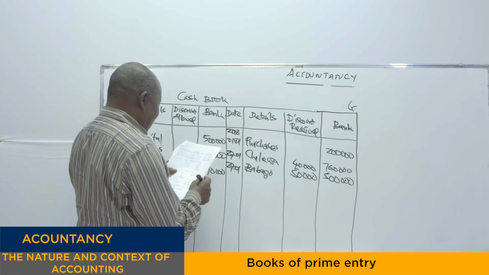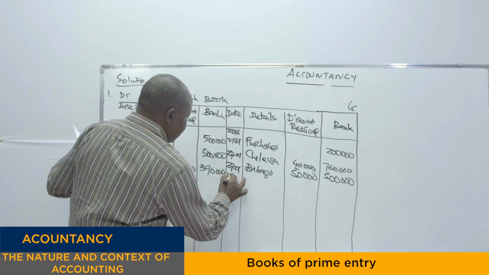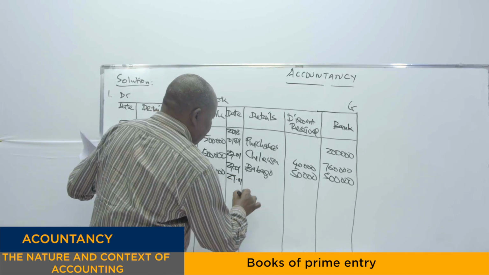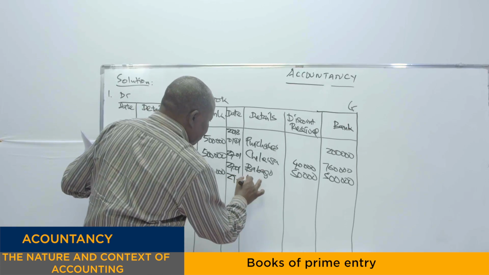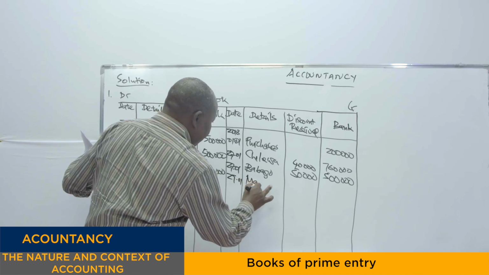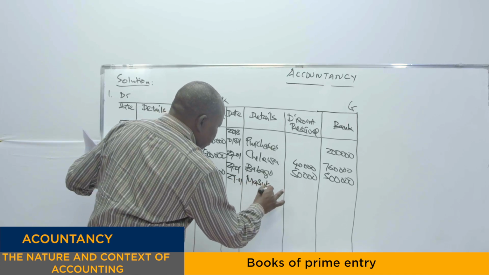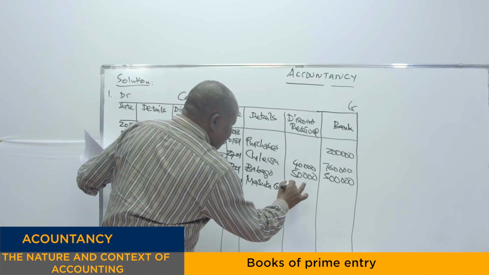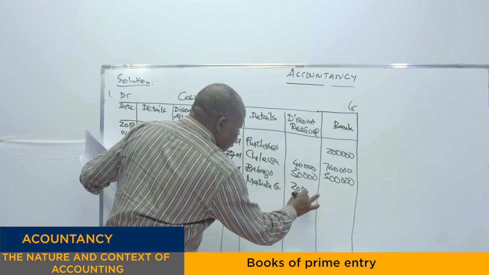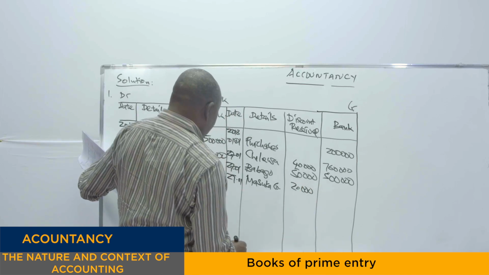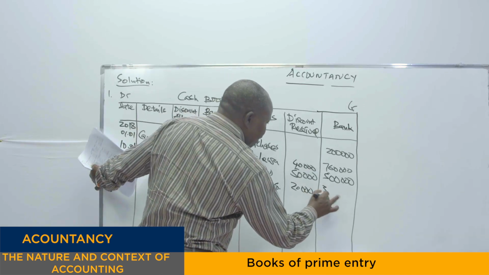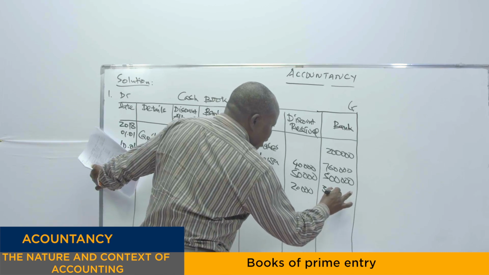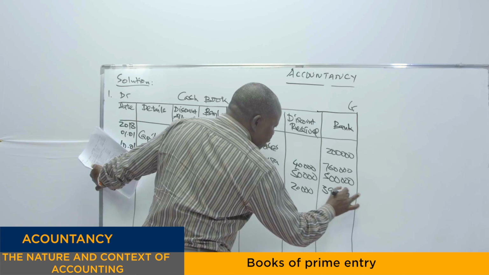So we write here, this is on 29th January, Masuka company. We write the same figure of discount. Now it will be discount received 20,000, and also the amount which was dishonored into bank, that is 390,000.